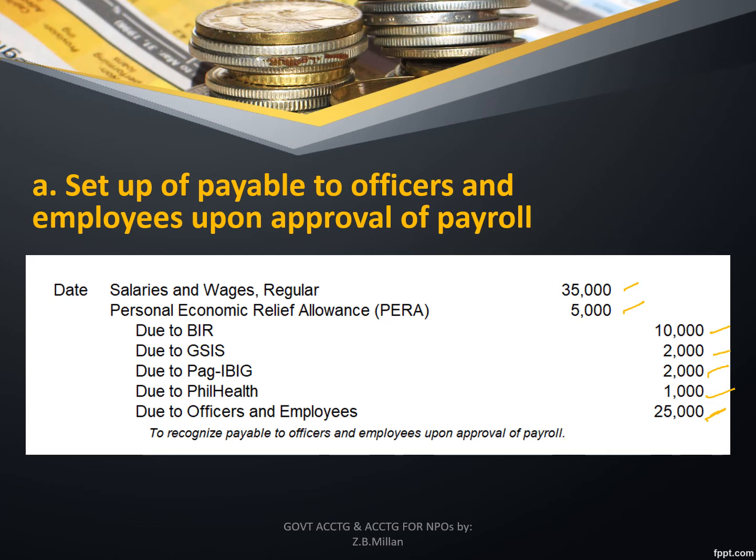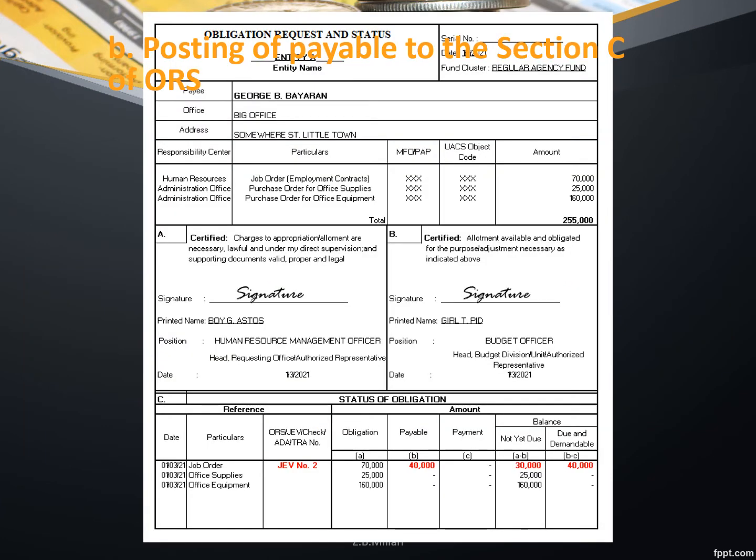So after setting up the payable to officers and employees, post natin doon sa ORS natin, sa Part C or Portion C, na yung ating amount amounting to 40,000 is now due and demandable.